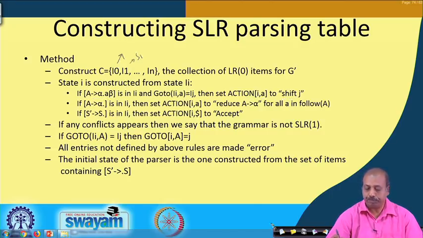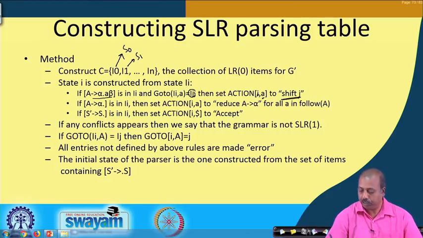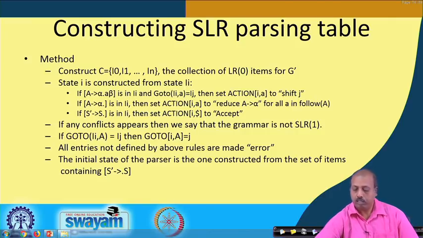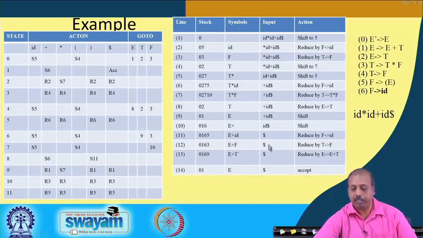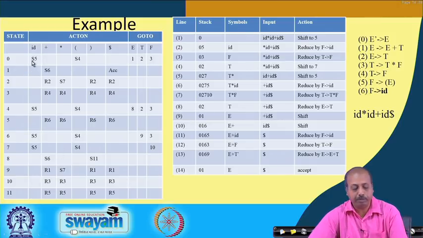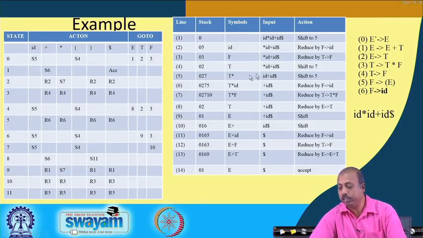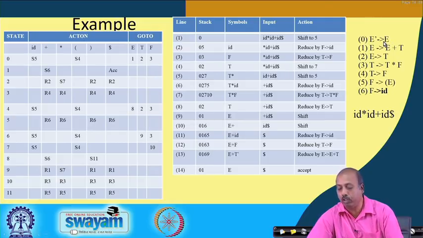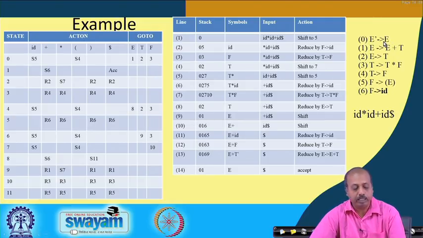We can look into a particular example, say this one. While constructing this table, the state I 0 has E dash producing dot E and the closure of that, so it will have ID also.